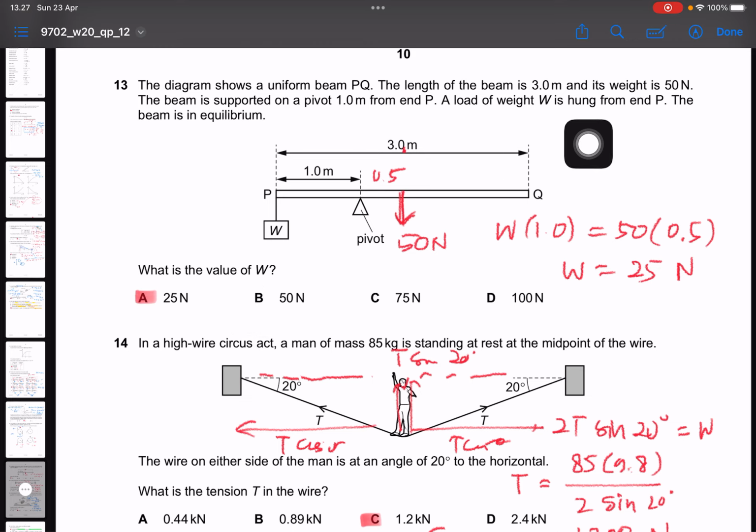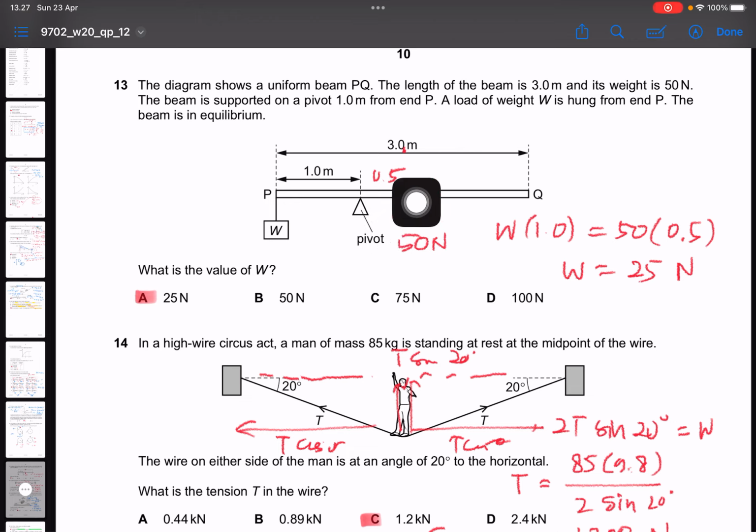W is hung from the end of P. Since the weight is 50 Newton, we need only the distance from the pivot to the weight.